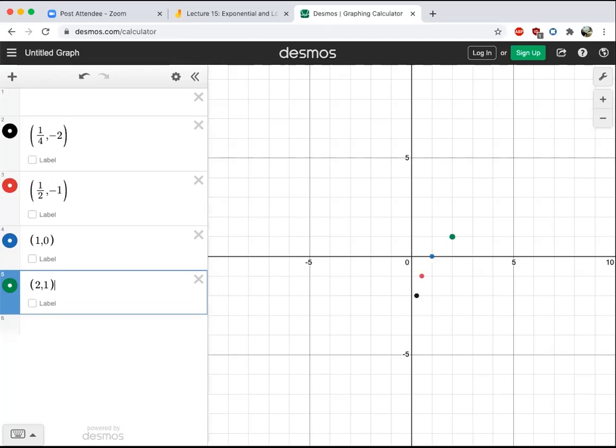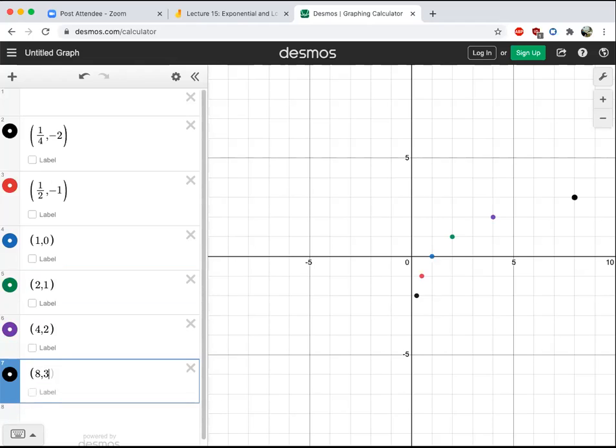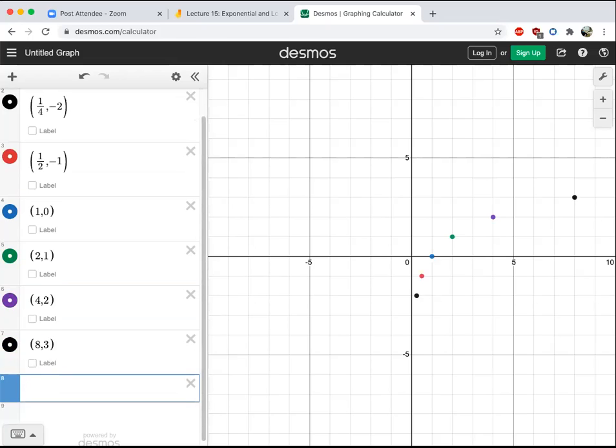There we go. That's my green dot. And then we had 4, 2, I think. 4, 2. Yep. And then we had 8, 3. And then 16, 4.